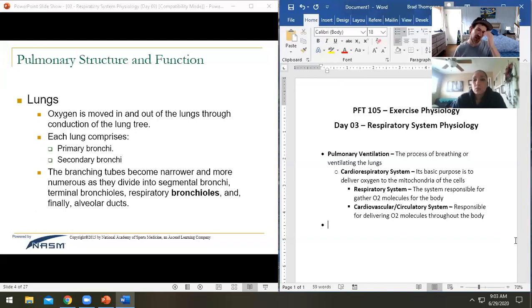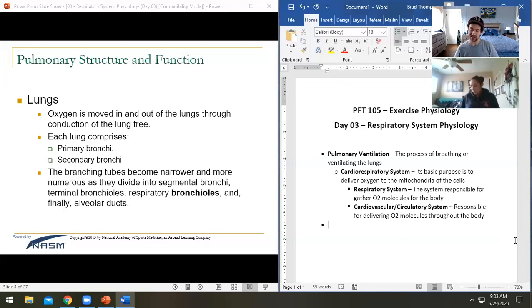So your lungs are attached to your diaphragm, right? Your diaphragm is this big dome-shaped muscle. When it's in a relaxed position, it sits in a dome shape. But when it contracts, it squeezes and flattens down like this.